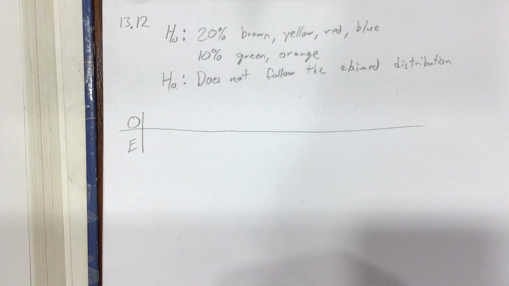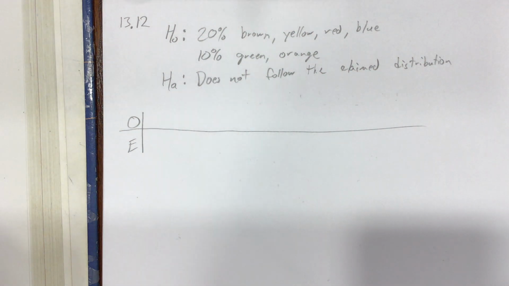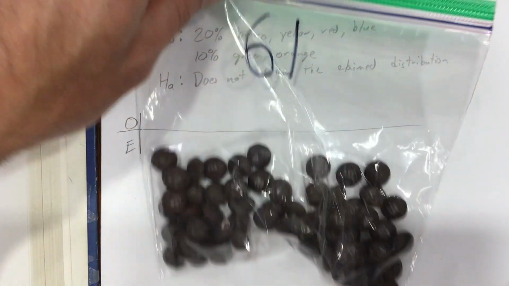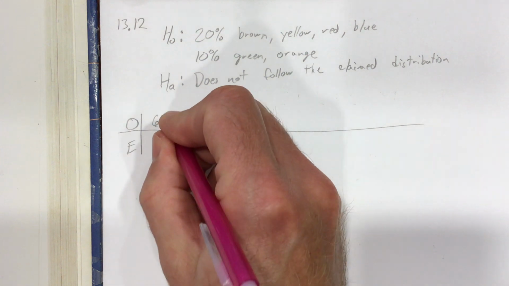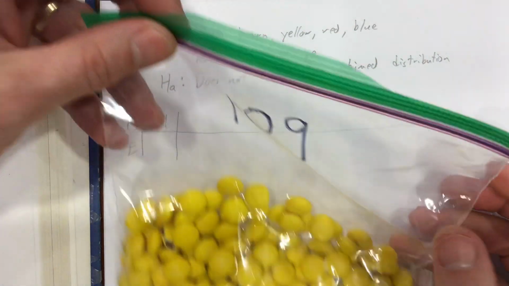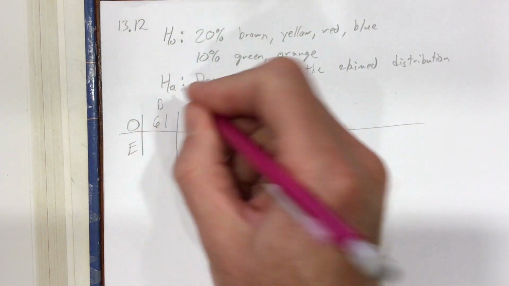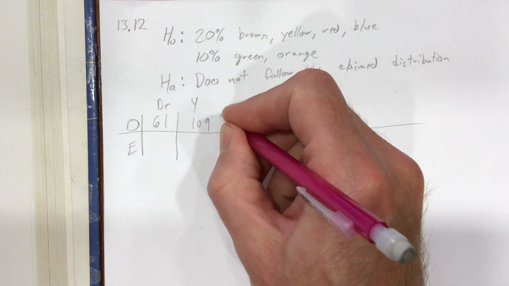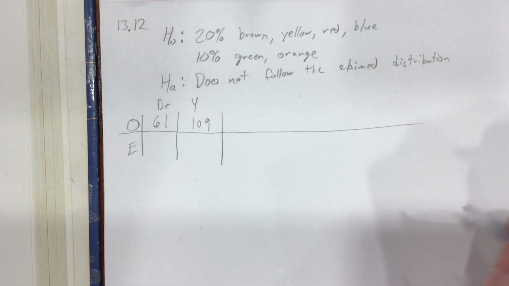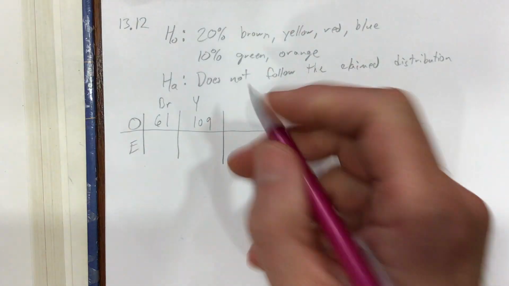Okay, back to question 12 here. My observed for brown, find my brown, there we go. Brown, I had 61 of those. For yellow, 109. Okay, for red, this one was pretty low, 49.